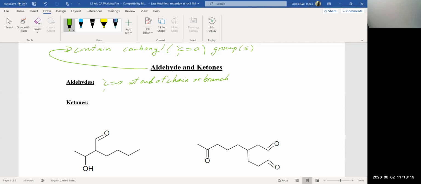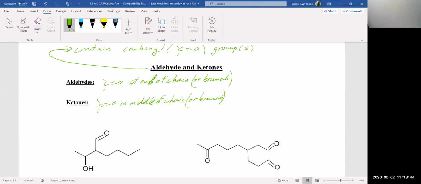Sorry, I'm a little bit flummy. I didn't take my allergy pills today. At the end of a chain or branch. And a ketone also has a carbonyl group, but embedded within the chain, in the middle of a chain or branch.